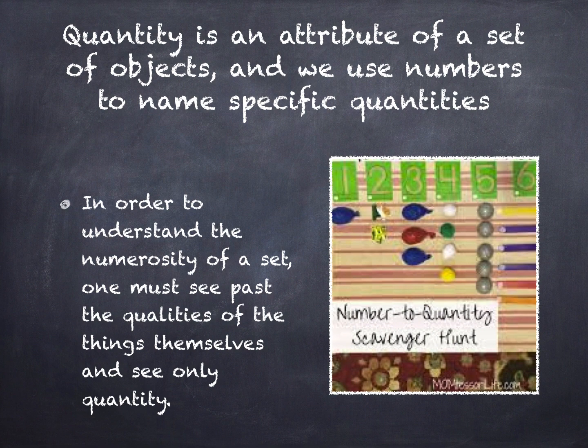Children need many experiences and conversations to develop their understanding that when number words are used to name how many, the numbers act as attributes. Quantity is only one attribute of a set of objects.